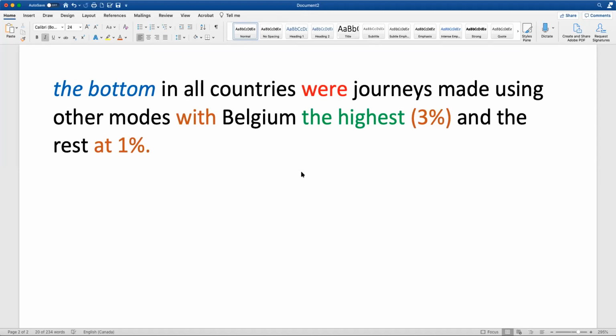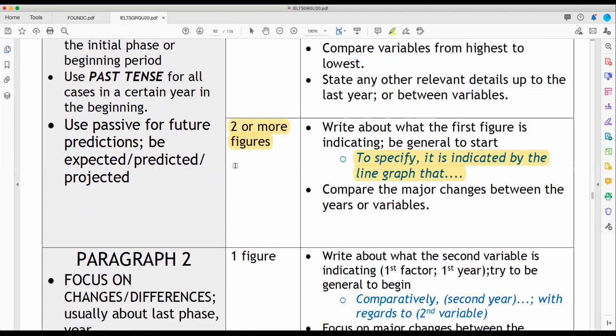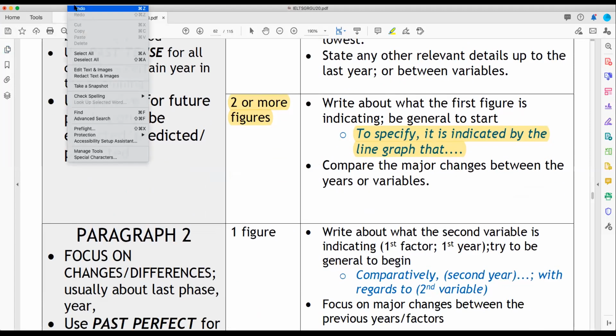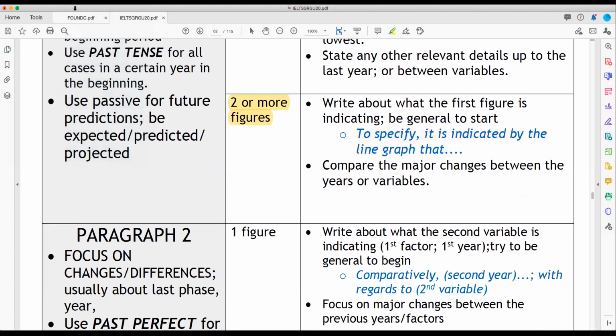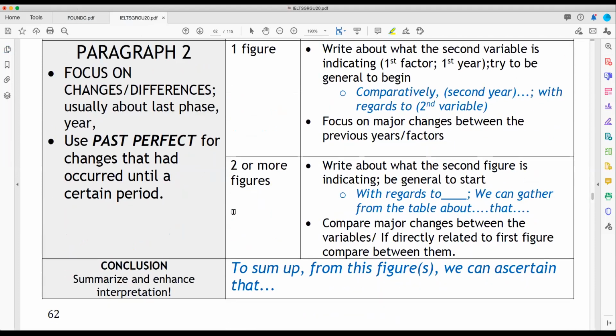Now we need to go to our second paragraph. We're done with the first. Now we're going to go to the second paragraph right here, with regards to, or we can gather from the other one, that right here. Okay?